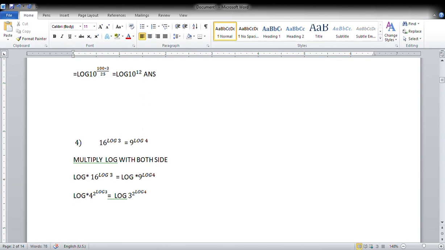So this log 3 will come to the front side. So log 3, 4, 2, 3, 2. So log 3 will come to log into log 3, multiply by log 3 multiply 4.